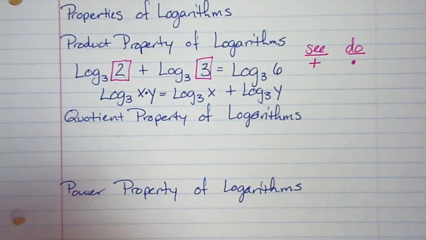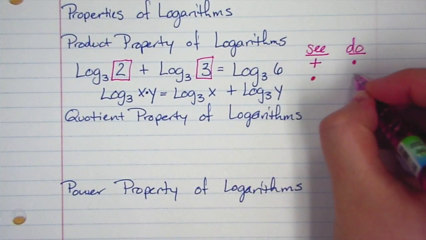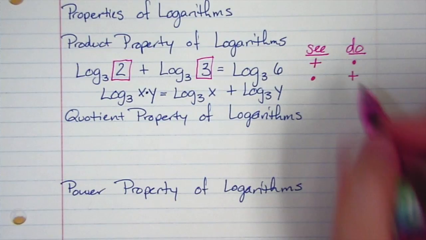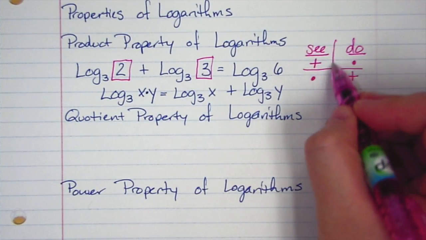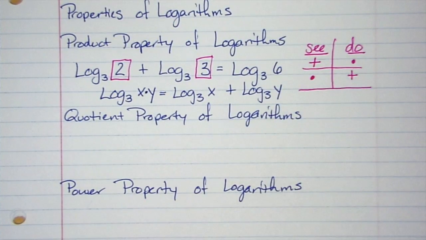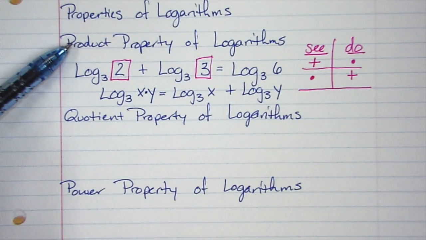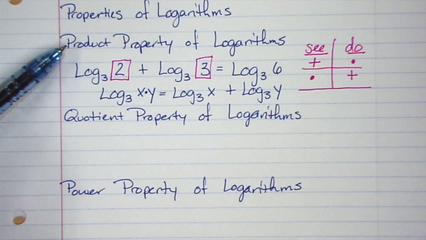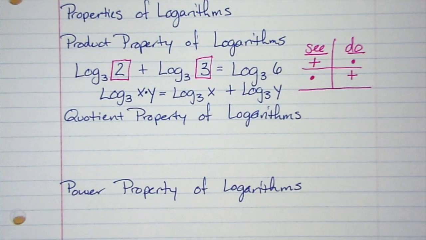In that case, when you see multiplication, you split your log and expand it using addition. This relationship is very important, and we've seen it before in other modules, in other units. That's the product property. And we would expect the product property to have something to do with multiplication, because the word for the result of multiplication is the product.